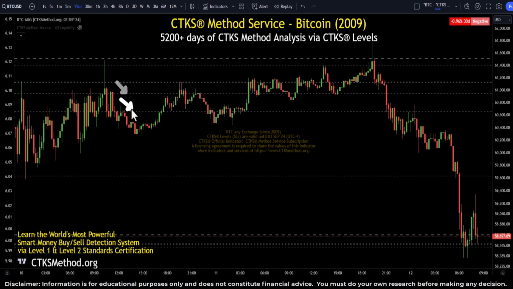Now, there's not just one area of structural resistance and not one area of structural support. They come in layers. And what we can tell across the weekend is Bitcoin was trying to break through all of this overhead structural resistance, just about got there, but was pushed down. Now you notice a big sell down in this area.